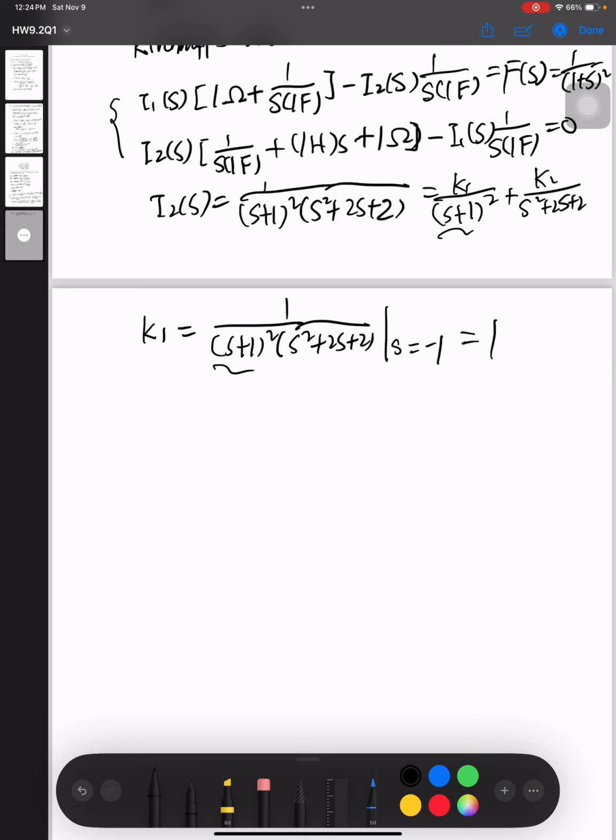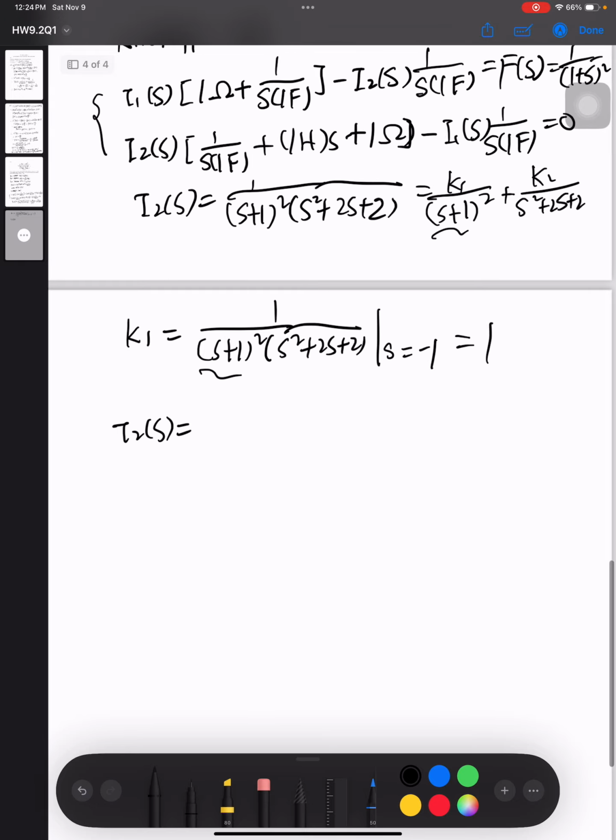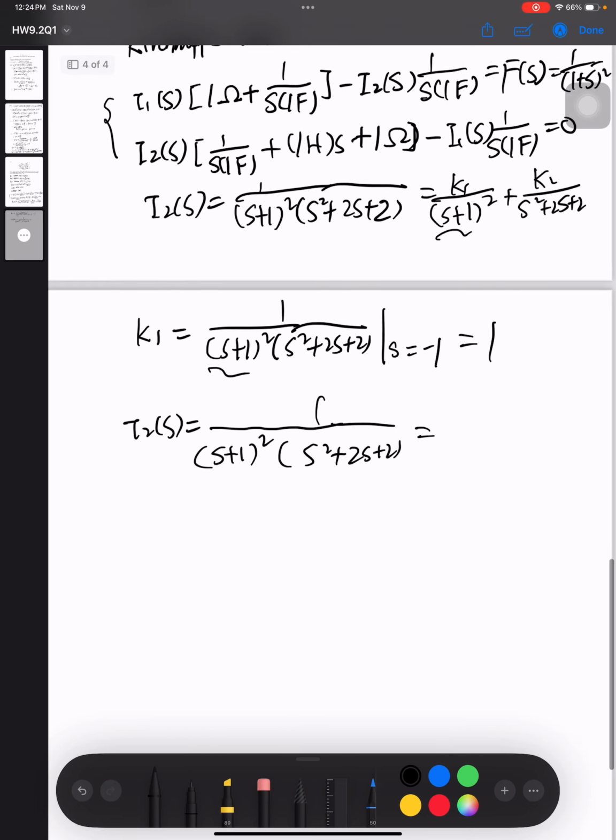For k2, let's just combine them together. So now it's 1 over (s plus 1) squared (s squared plus 2s plus 2), and if we multiply them together, we will get a very long expression for this one, with s squared plus 2s plus 2.